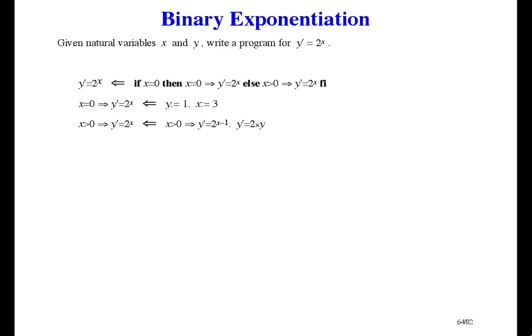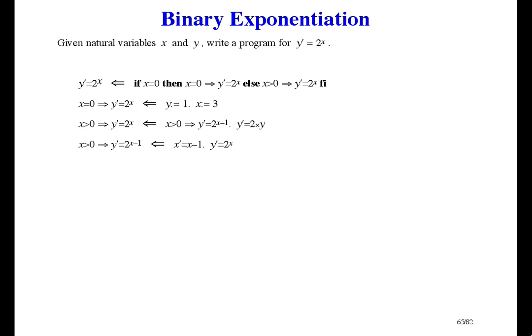That's two new problems, so picking the first one is given x greater than 0, make y be 2 to the x minus 1. And I'll do that by first decreasing x by 1, and then making y be 2 to the x.